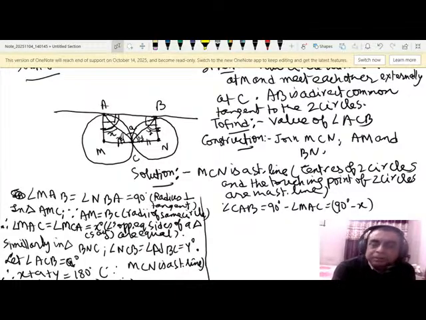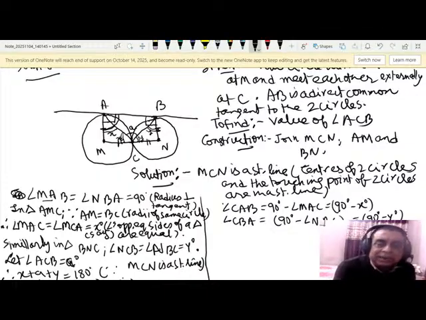Similarly, because angle NBA is 90 degrees, angle CBA will be 90 degrees minus angle NBC, that is 90 degrees minus y degrees.